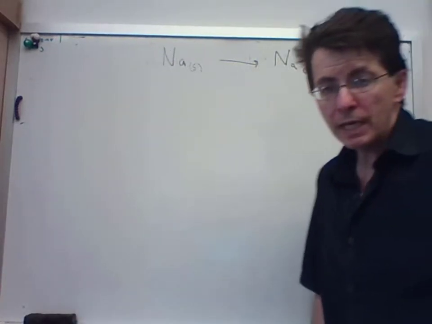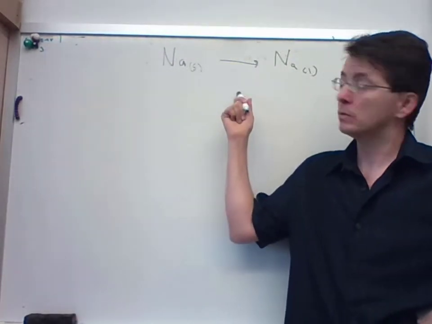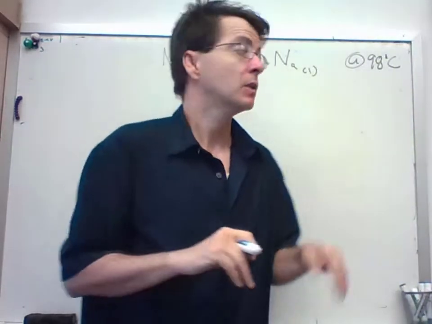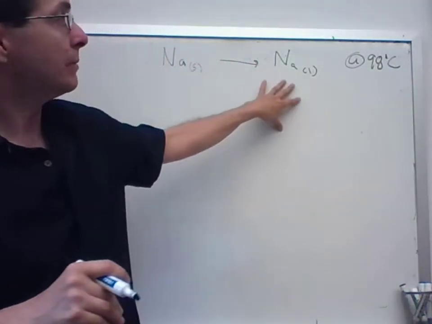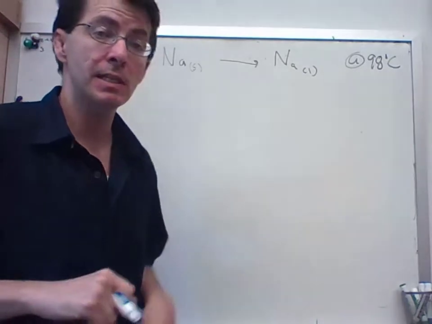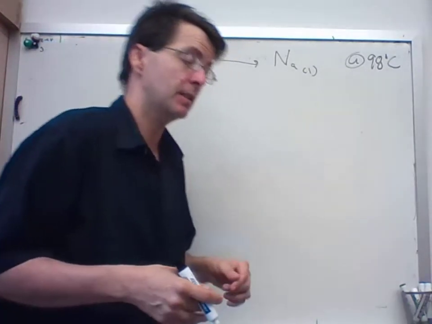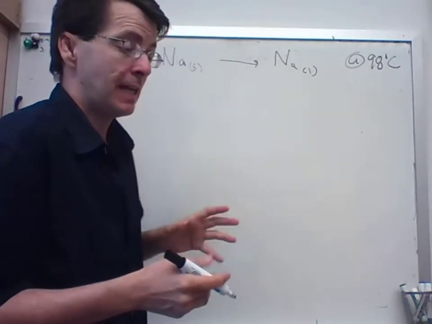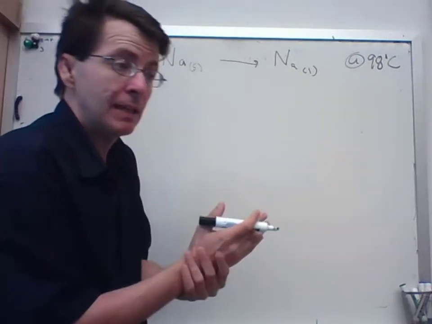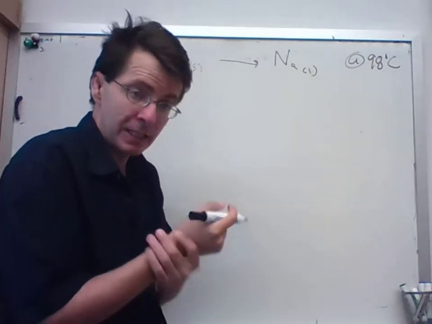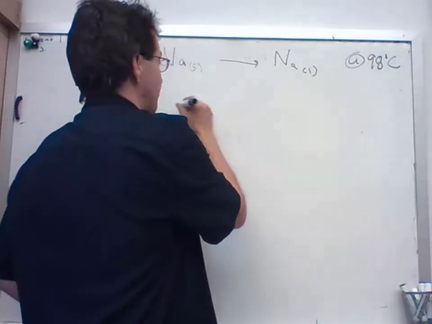Similarly, we can try the same analysis for solid sodium going to liquid sodium at 98 degrees C and see if that is spontaneous. Again, using this idea where we're measuring the entropy change of the surroundings.